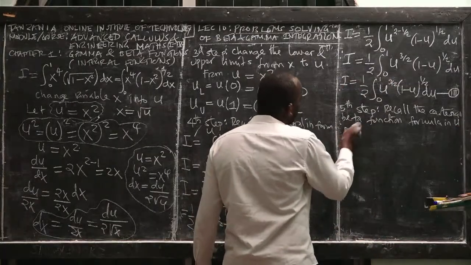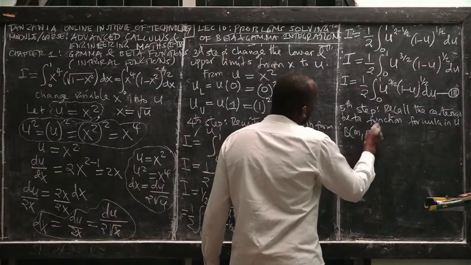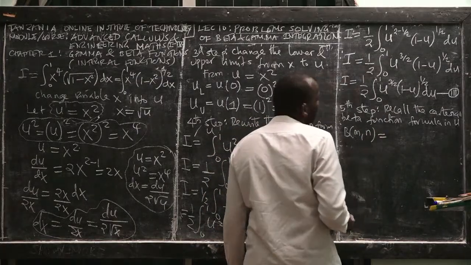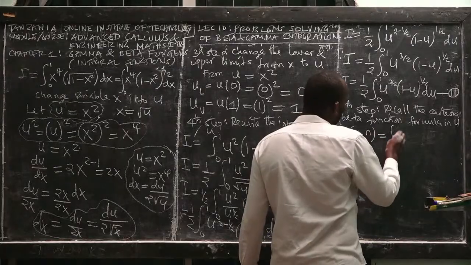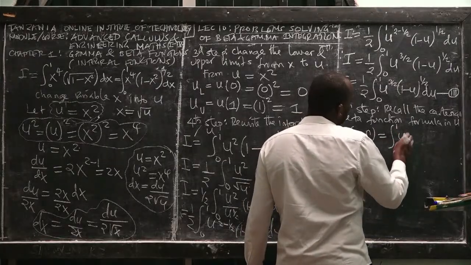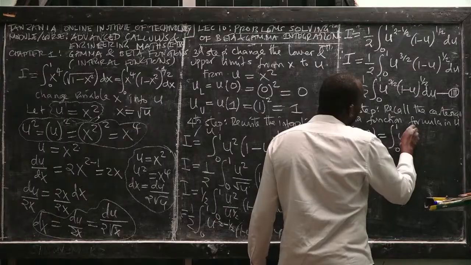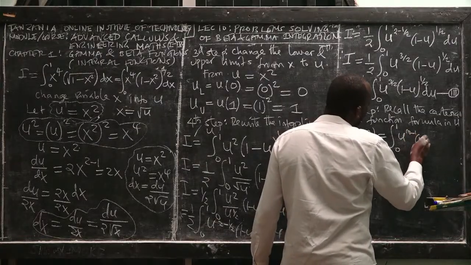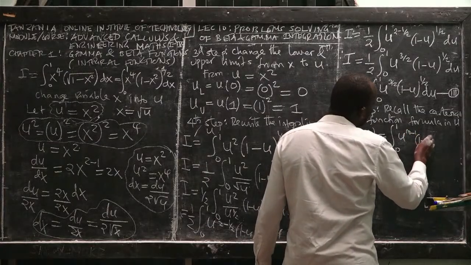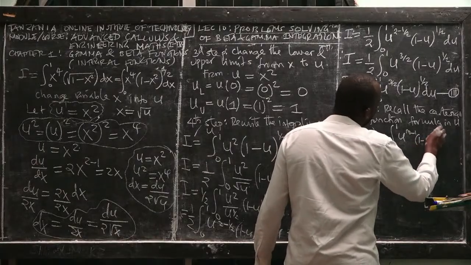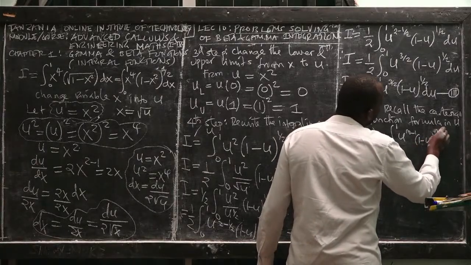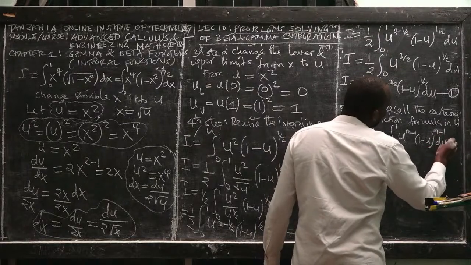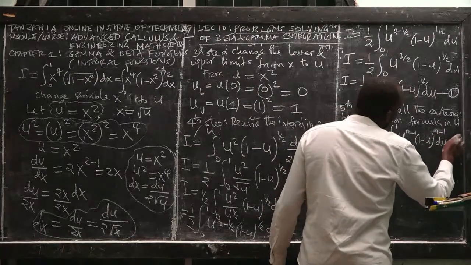So beta of m comma n is equal to what? It is equal to the integral from 0 to 1 of u power m minus 1, then 1 minus u power n minus 1, du. This will be equation 4.